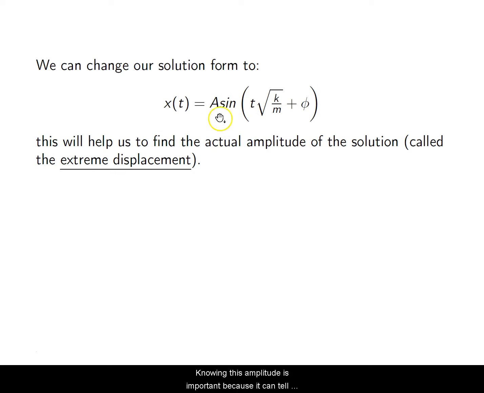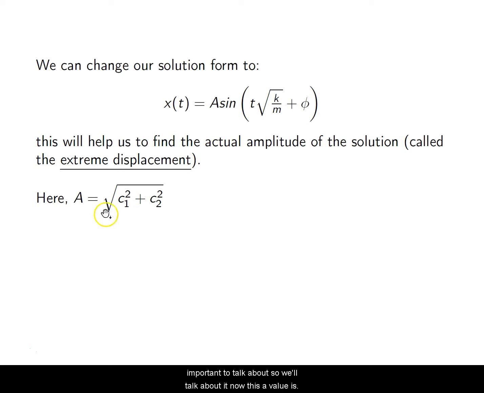Knowing this amplitude is important because it can tell us the extreme displacement. What is the highest or the lowest value that I will ever be away from my equilibrium point? In order to figure that out, I need to know the amplitude. So let's talk about how to do this. This is a very small formula that pops up in trig. Some instructors don't even talk about it, they just glaze over it, but it is important, so we'll talk about it now.